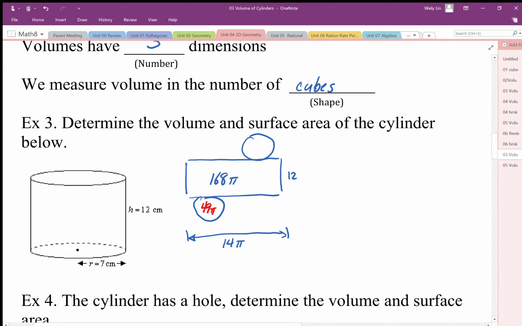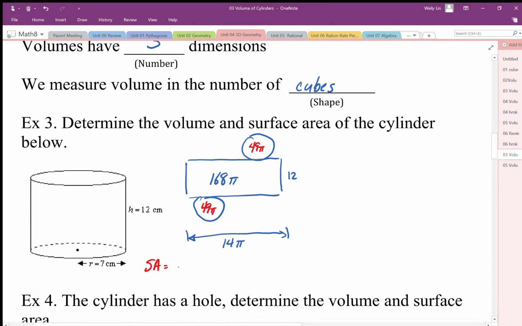Okay, so to work out the surface area, we can keep this in terms of pi. So the surface area is equal to 49 plus 49, that's 98 pi, plus 168 gives us 266 pi centimeters squared.